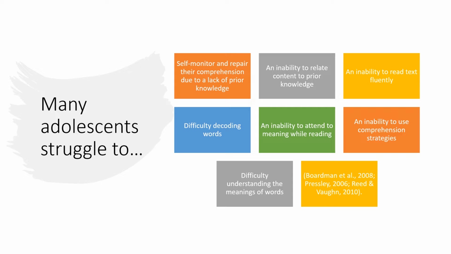Many adolescents struggle to self-monitor and repair their comprehension due to a lack of prior knowledge. They have an inability to relate content to prior knowledge, to their own lives and their own lived experiences. They have an inability to read text fluently.